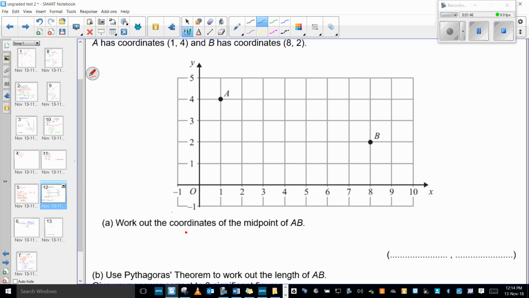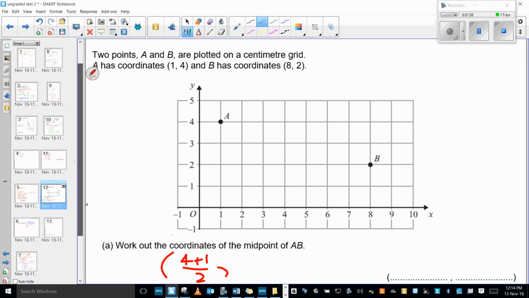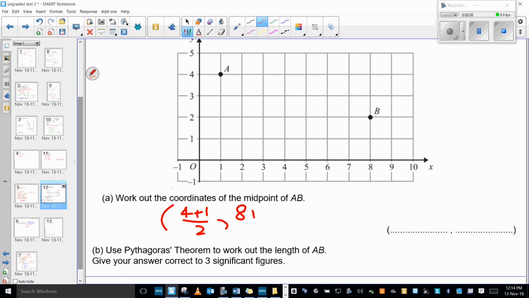Okay, 4 plus 1, or 1 plus 4, over 2. Yep. And then comma, 4 plus 1, or 1 plus 8, over 2. So 4 plus 1 is 5, and 8 plus 1 is 9.